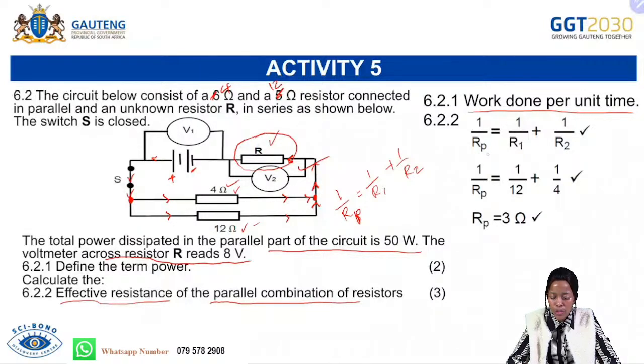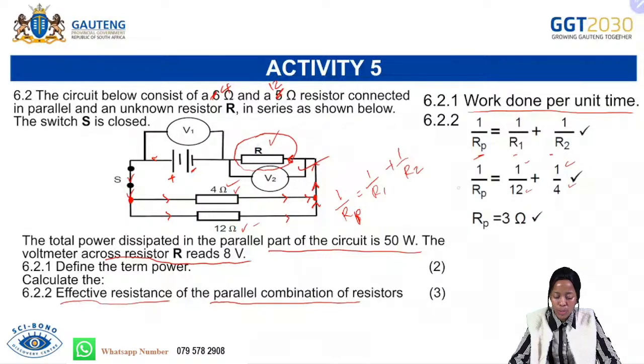So you write your formula 1 over Rp. What is Rp? The P is the total what? Is the total resistance in what? In parallel. So P for parallel is equal to 1 over R1 plus 1 over R2. So you then substitute, you will have 1 over 12 plus 1 over 4.